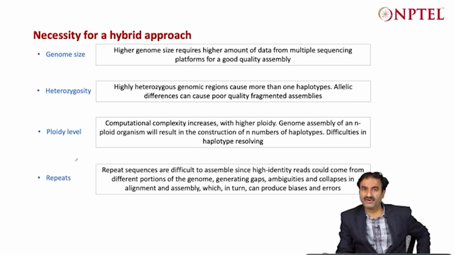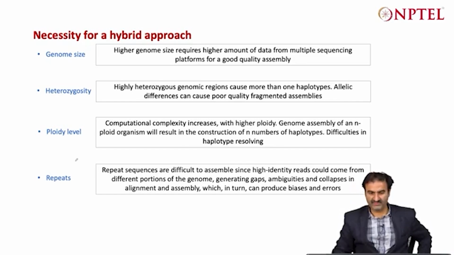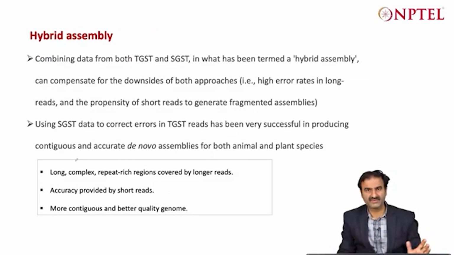Then heterozygosity is an important issue, because if it is more than 1%, then arranging the k-mers using the De Bruijn approach becomes a difficult task for shorter reads. And the presence of repeats, which in plants could sometimes be almost 80-90%. So you have to resolve these issues, and that is why hybrid assembly is required, and we have also discussed it in the previous classes.